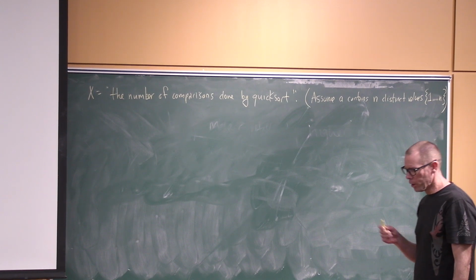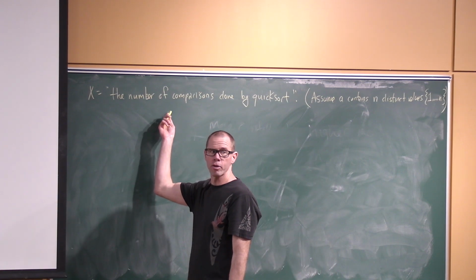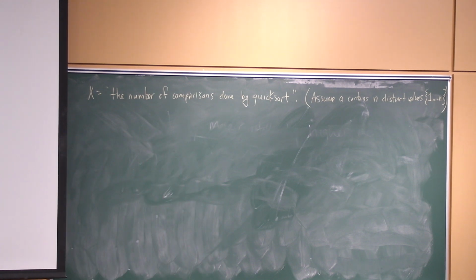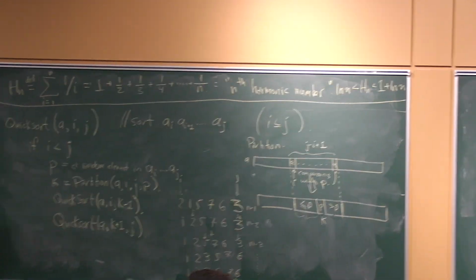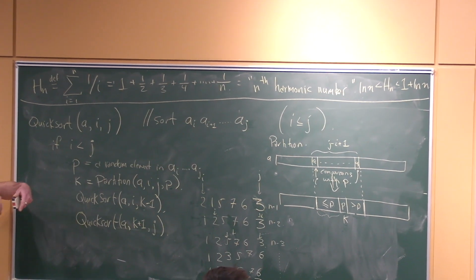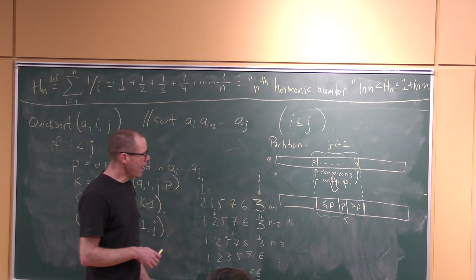All right. So last class we were looking at the main technique. So this looks complicated, right? Number of comparisons done by quicksort. Quicksort is a recursive algorithm. And this looks tough, right? These comparisons happen when we do this partitioning, but there's all kinds of recursion going on and so on.